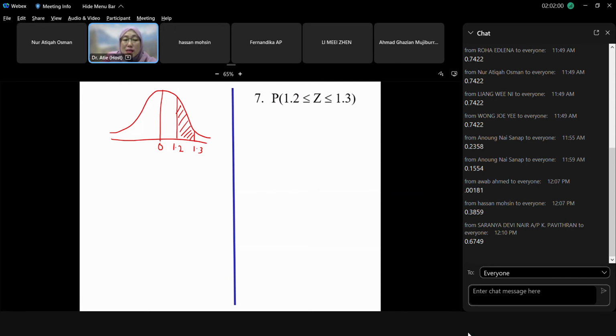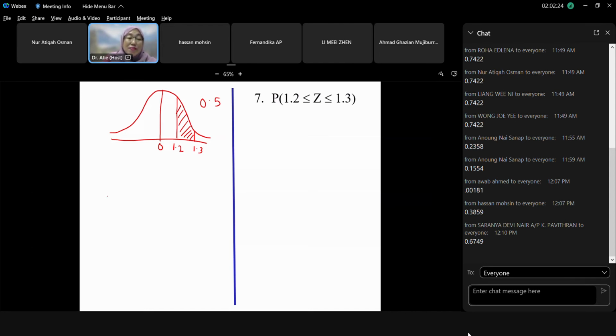But this one only happens on one half, so it still involves 0.5. It doesn't involve the whole curve. It's just that now the area that we are looking for is between the two numbers in the middle.